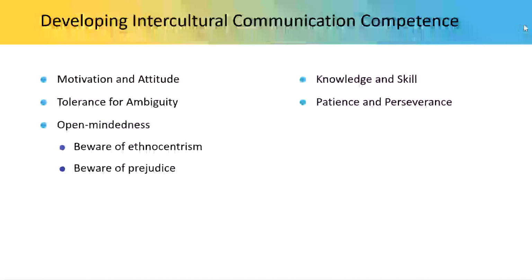You have to be aware of prejudice, where you go into a situation thinking that these people are fill in the blank, and therefore they don't communicate correctly, or the way they do things is wrong. Or we don't always think about this with prejudice: the way they do things is so wonderful. How about just going in open-minded? Let me see what's going to happen in this situation.